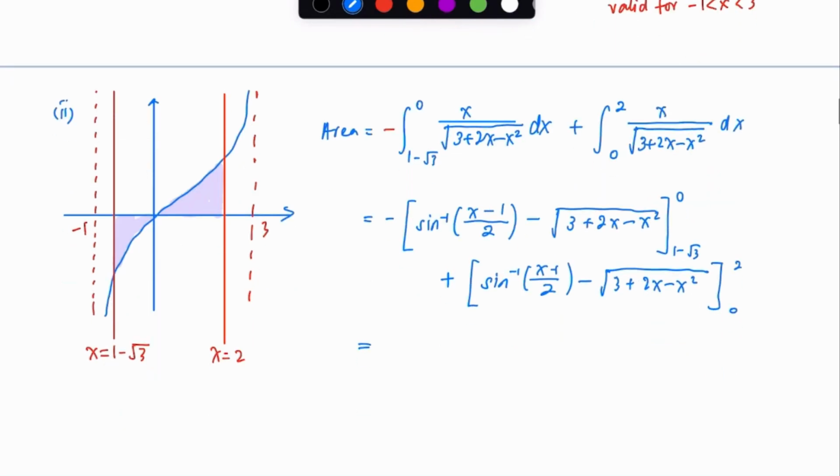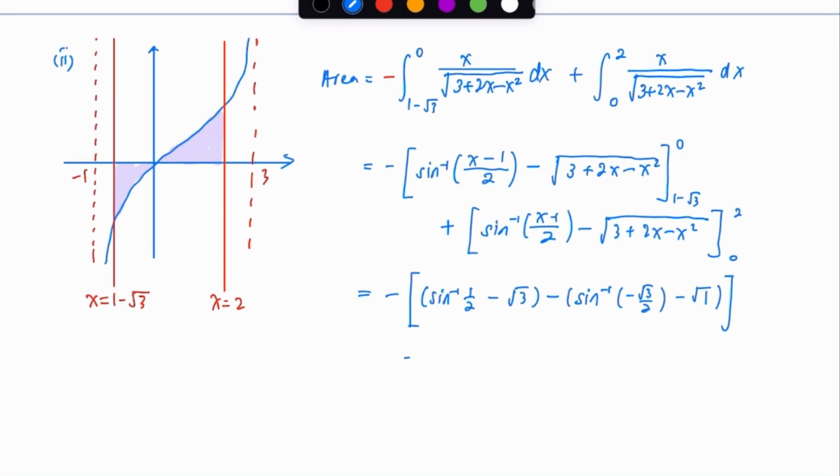When you sub in, we will get something like sine inverse of half minus root 3, then minus sine inverse of negative root 3 minus 2 minus square root of 1. When you put in, you'll get a nice square root of 1.